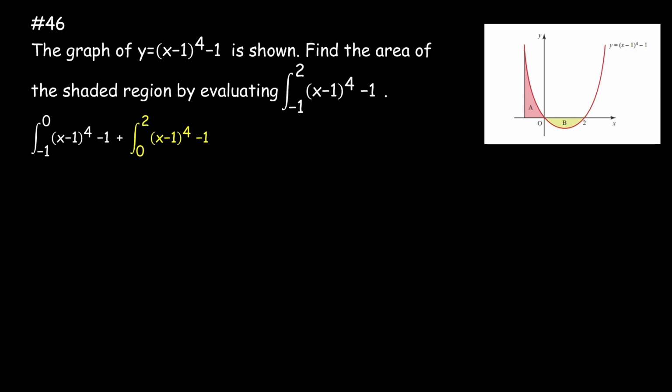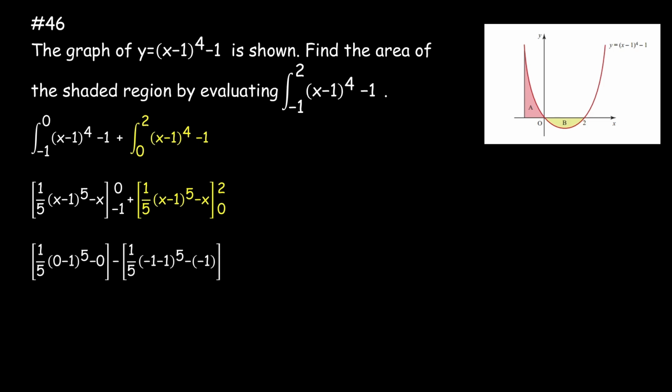So the integral of (x minus 1) to the power 4 minus 1 is equal to 1/5 times (x minus 1) to the power 5 minus x, from negative 1 to 0, plus 1/5 (x minus 1) to the power 5 minus x, from 0 to 2.